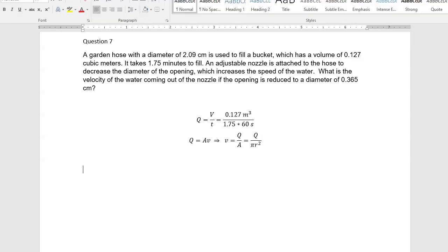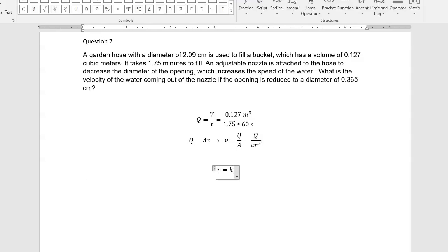And what's R? R is the diameter that we're given, D over 2, is 2.09 over 2 centimeters times, okay, so we need to convert to meters. So that's going to be 1.045 centimeters over 100.